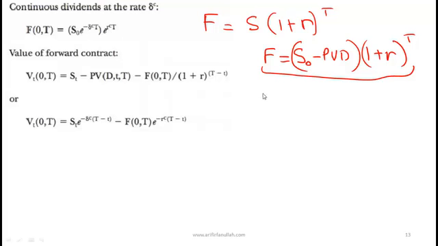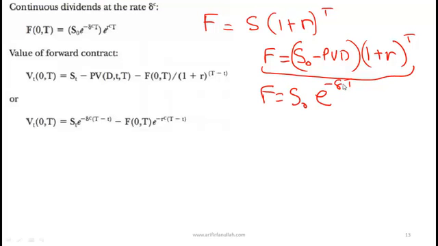So, if we are using continuous compounding, it can be written as S naught into e to the power of minus delta T. This delta is the dividend rate. So the dividend rate might be, say, 3%, expressed in continuous terms. That will be given to you in the question. So if the dividend is 3% continuous compounding, what will you plug in for this delta?